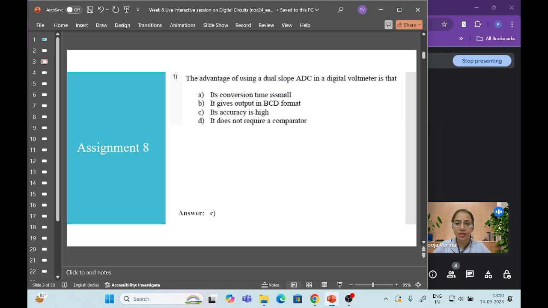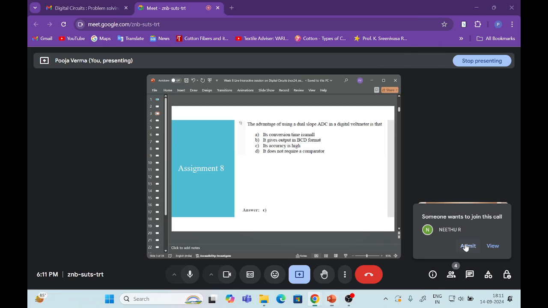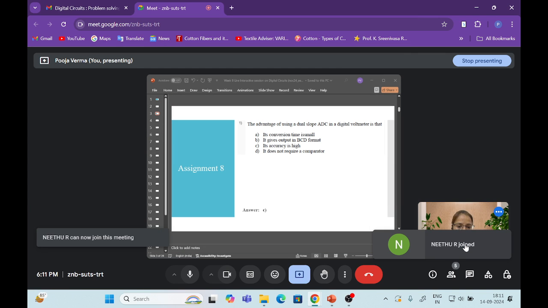And option D, it does not require a comparator. Can anyone answer this question? What is the advantage of using a dual slope ADC in digital voltmeters?